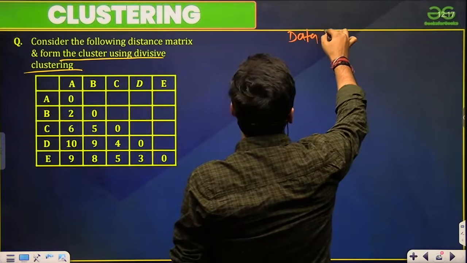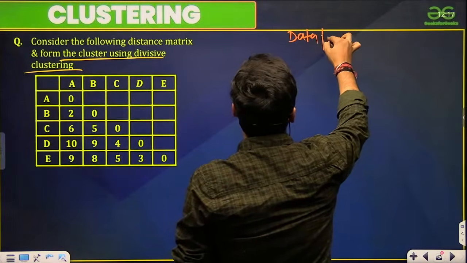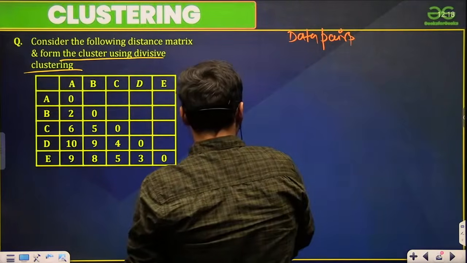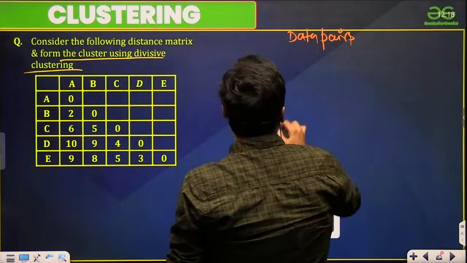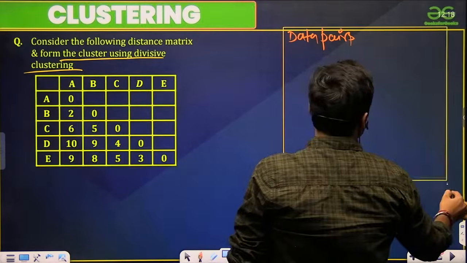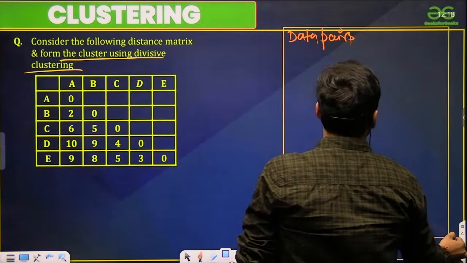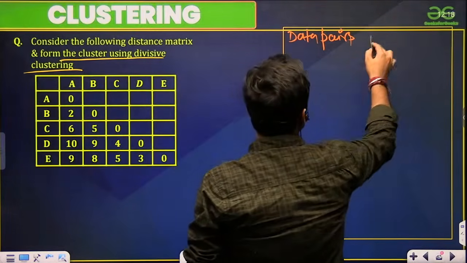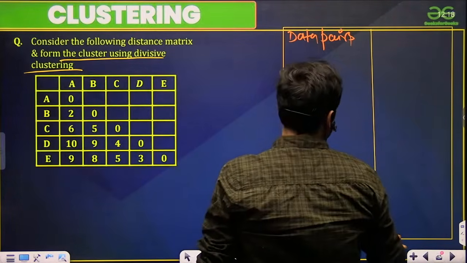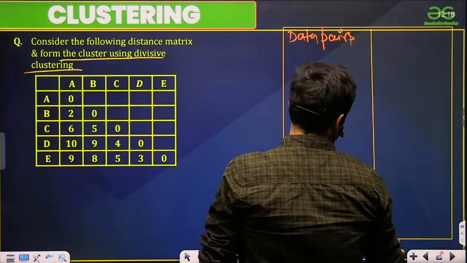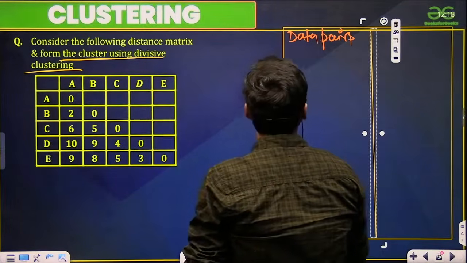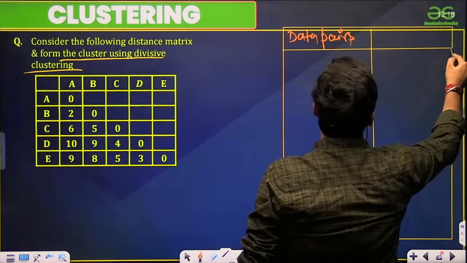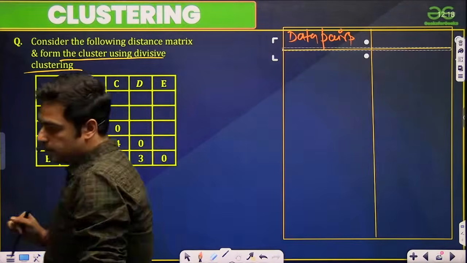Okay, so firstly we have to create the data pairs, along with the costs, for making a minimal spanning tree. ठीक है, I'll tell you what is a minimal spanning tree.